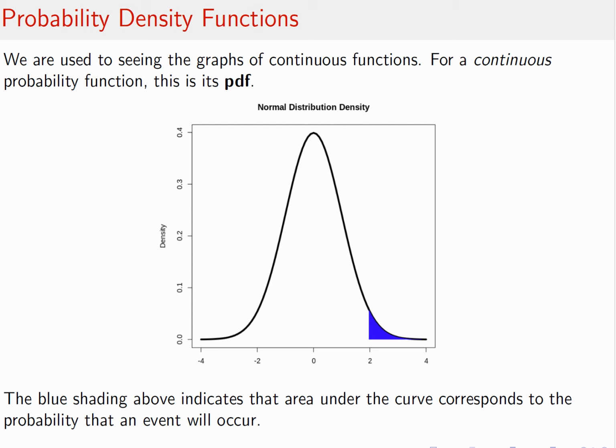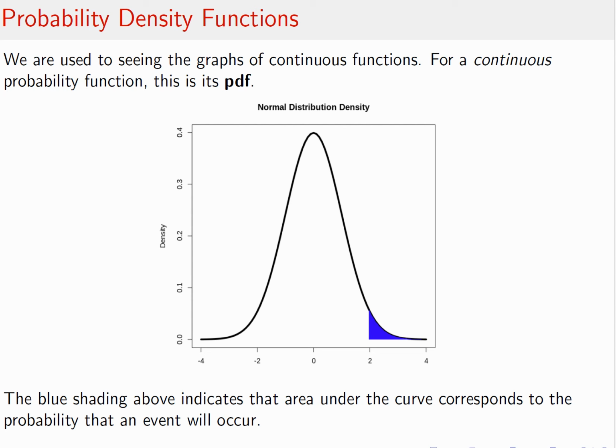So an interval along the x-axis is the probability that these events in here will occur. If the area under the curve is 100%, the percentage of the area under the curve that's shaded is the probability that an event happens. Okay, so that's continuous probability density functions.